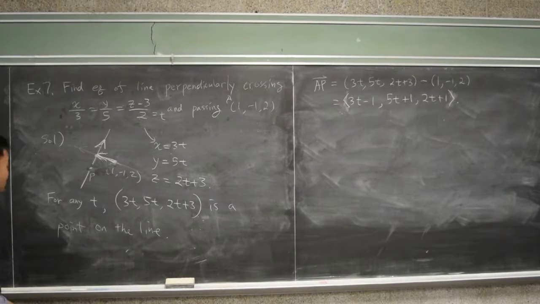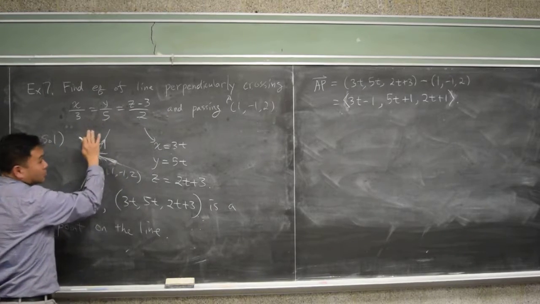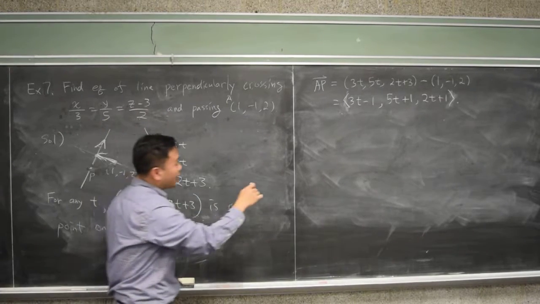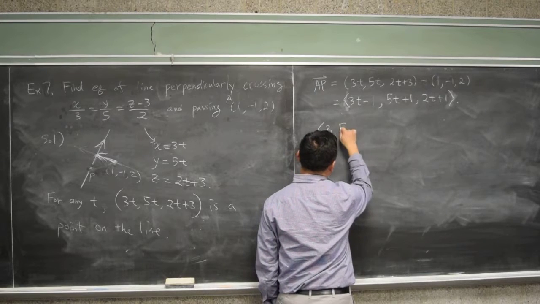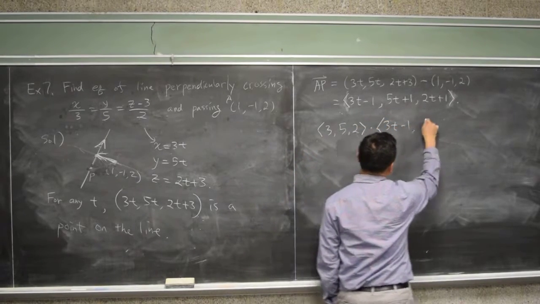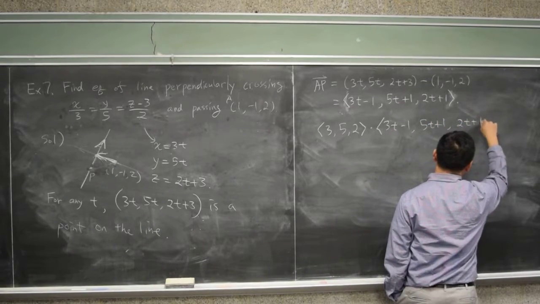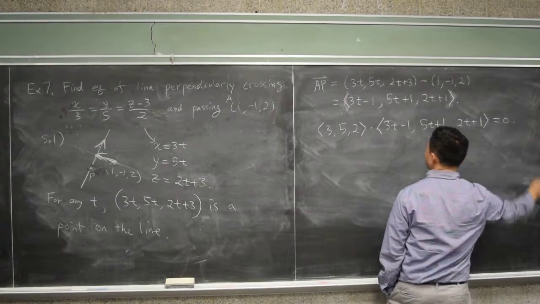So we take the direction vector of this line, which is 3, 5, 2, and do a dot product with 3t minus 1, 5t plus 1, 2t plus 1, and set it equal to 0.